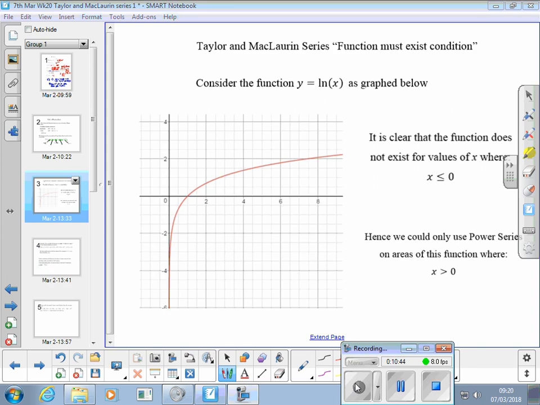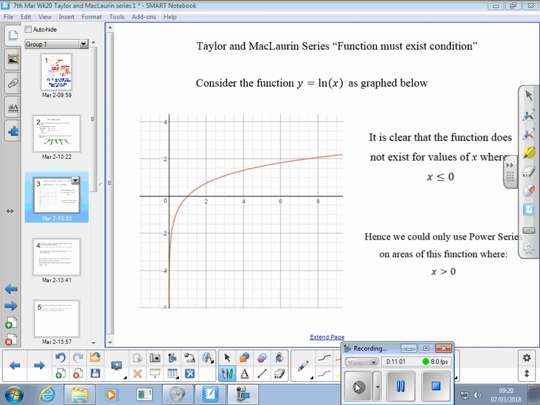The condition of the Taylor and Maclaurin series that we're going to look at is that the function must exist at the point or area of interest.